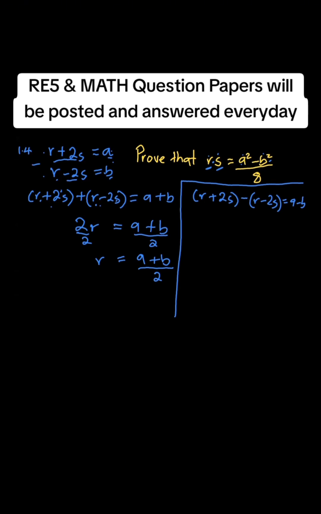So the R cancels with the R because this gives us a negative R, and now you have a 0.